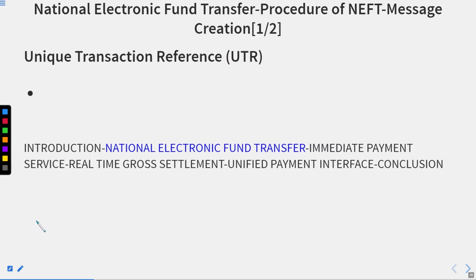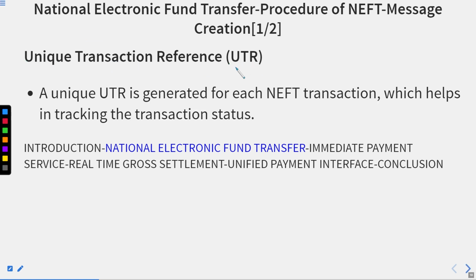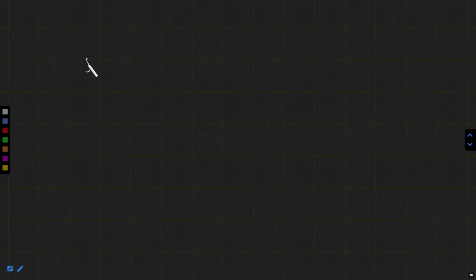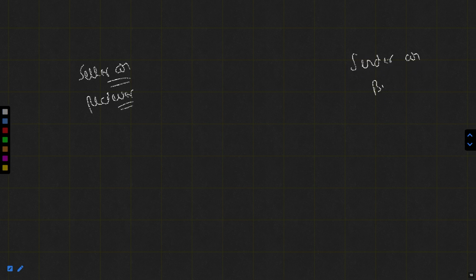Now, message creation, UTR, also known as the unique transaction reference. All right, a unique UTR is generated for each NEFT transaction which helps in tracking the transaction status. For example, suppose this is me, the seller or receiver, and this is you, the sender or buyer.